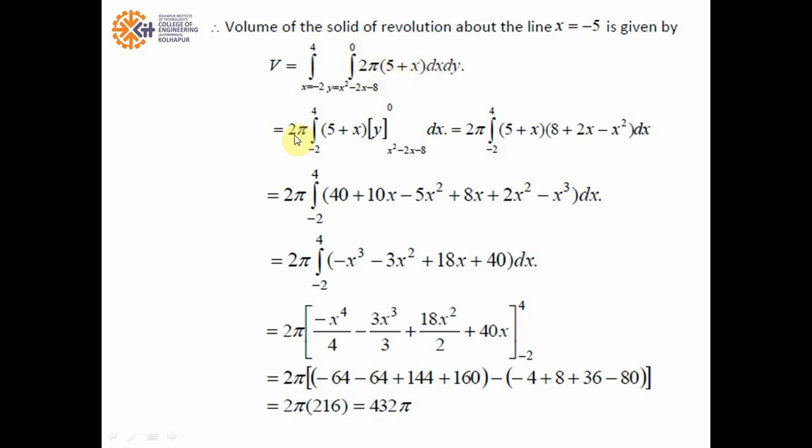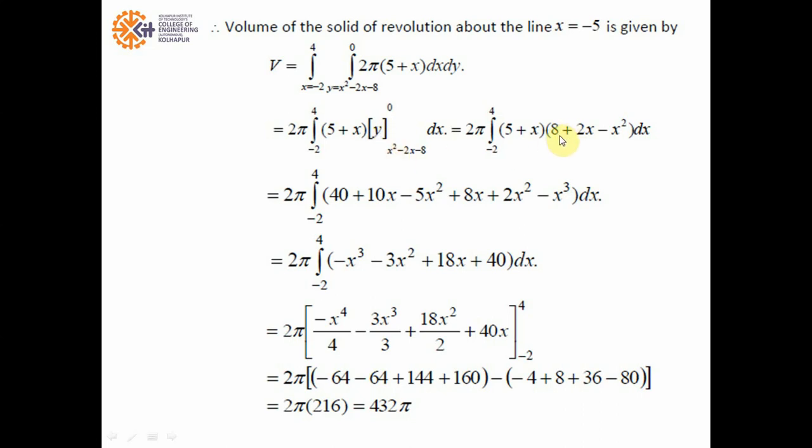2 pi is a constant, take outside. 5 plus x is a constant term, keep as it is. Integration of dy is y, with upper limit 0 and lower limit x square minus 2x minus 8, dx. It is equal to 2 pi integration from -2 to 4, (5 plus x), put first y is equal to upper limit 0 minus y is equal to lower limit.